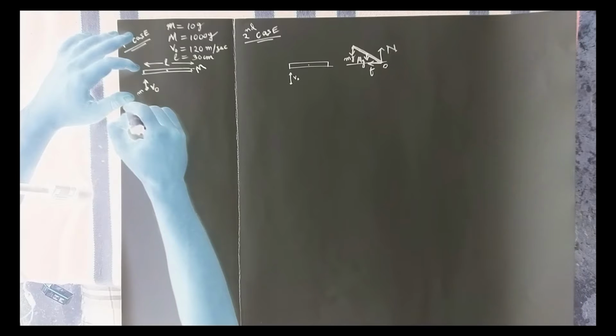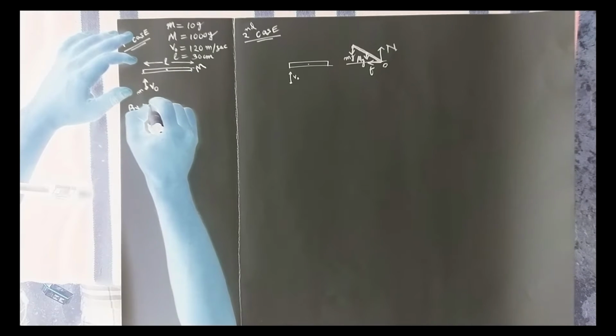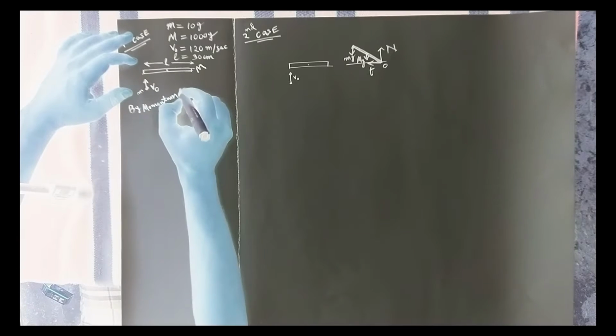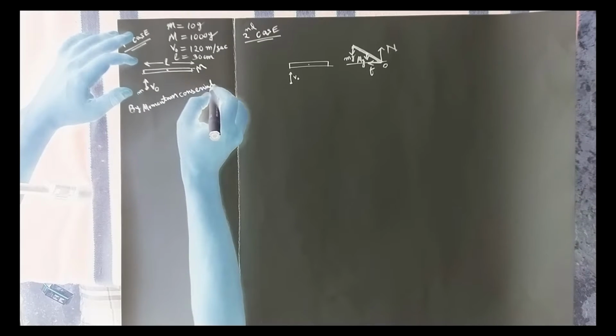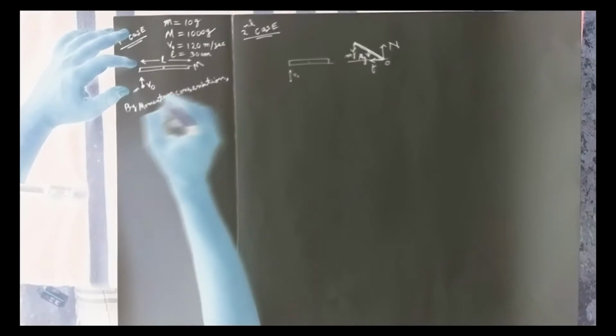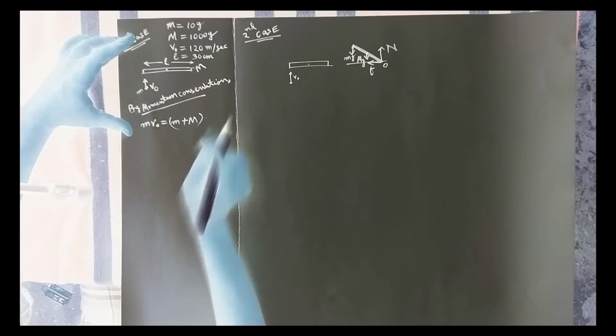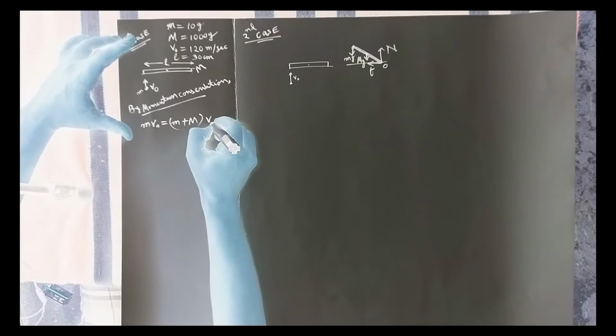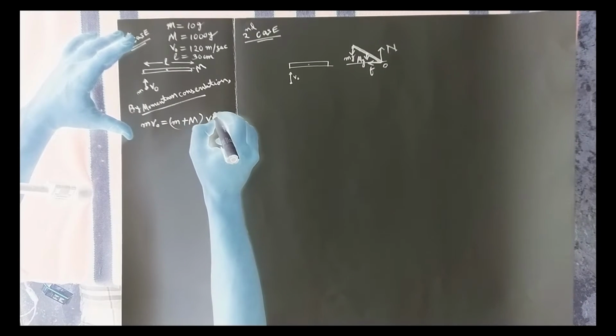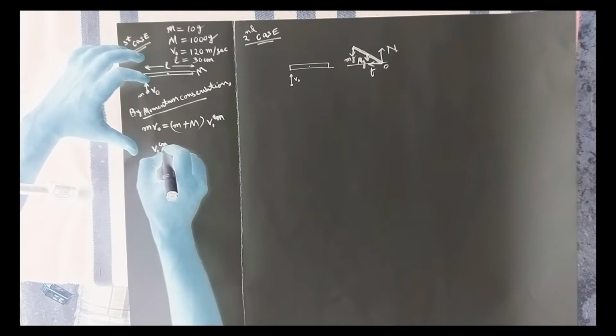So by momentum conservation, just before the collision it is m v naught, and just after the collision it is (m plus M) v1 cm, as it is the velocity of the center of mass.